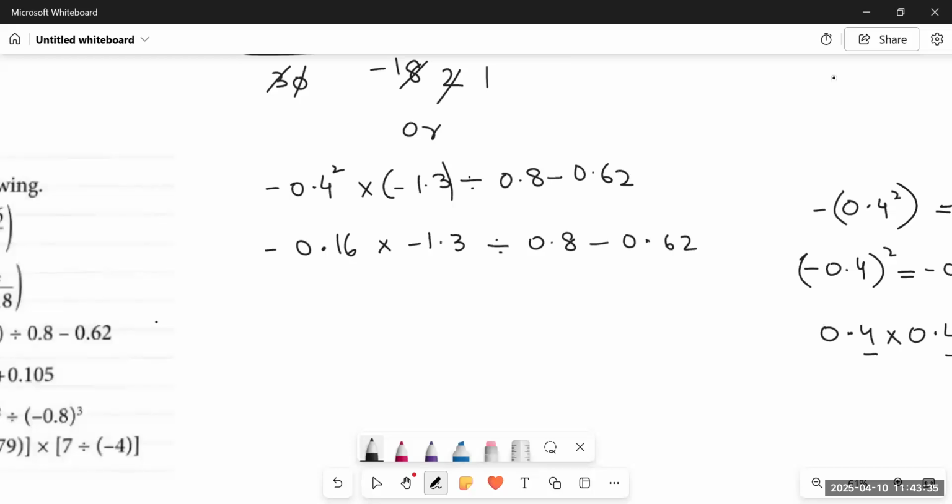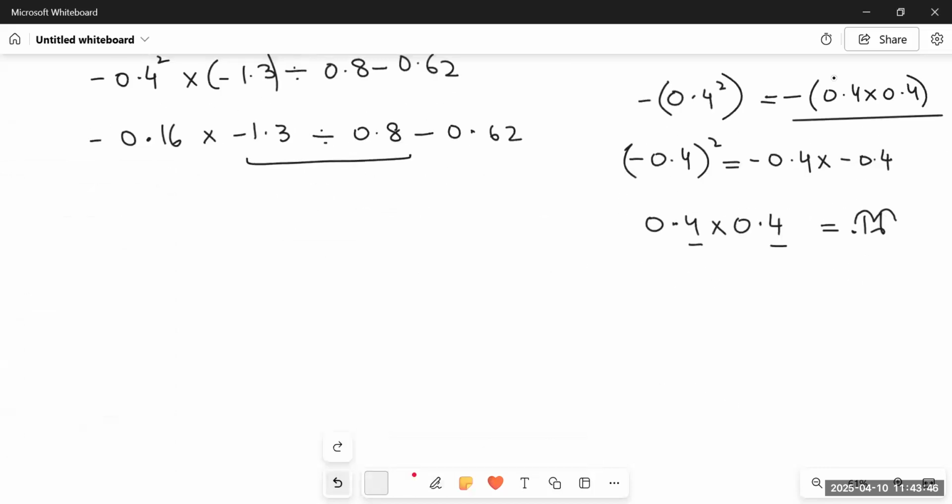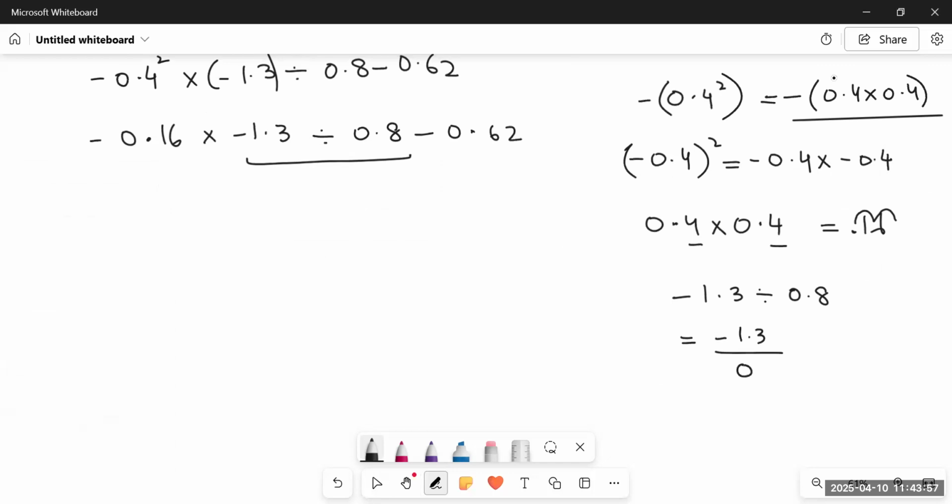What to do next? We have to find the quotient of minus 1.3 divided by 0.8. Minus 1.3 divided by 0.8 is equal to minus 1.3 upon 0.8. We will multiply both by 10 and the decimal is removed, and it becomes minus 13 upon 8.